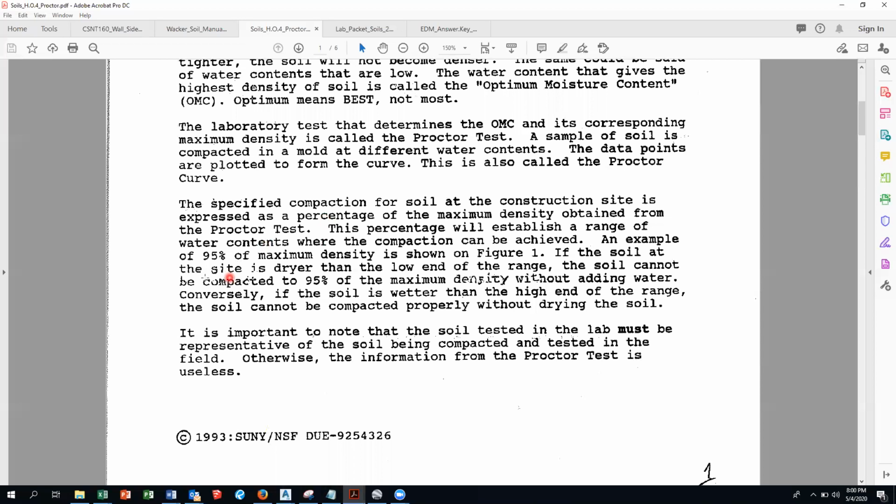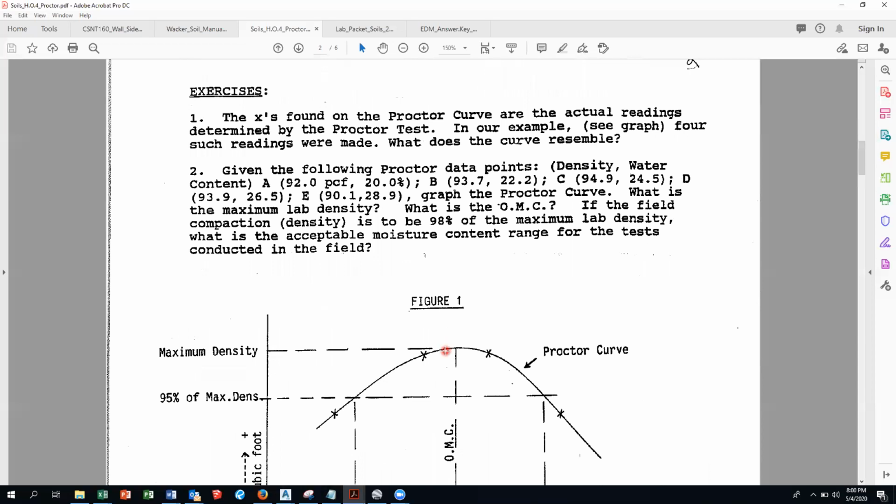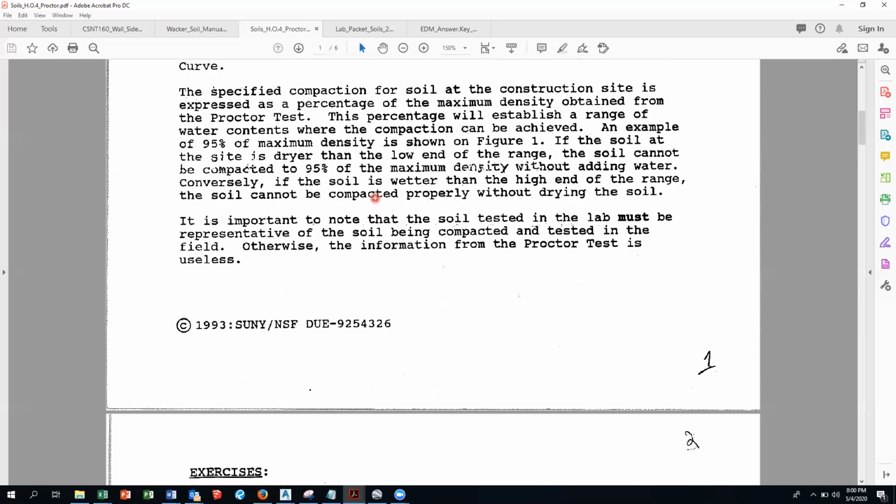In other words, the spec might say, we want 95% of the maximum density that you got in the lab for the soil at the site. Or a better way of wording it is, the density of the soil at the site has to be 95% of the top of that bell curve that you got in the lab. I would say read this about 5 times. Actually, read it twice, put it down, and read it again.